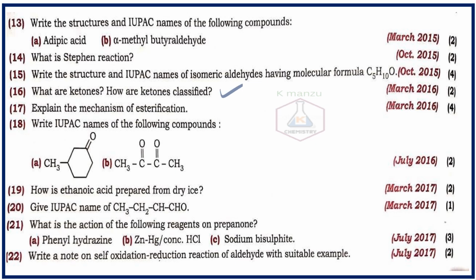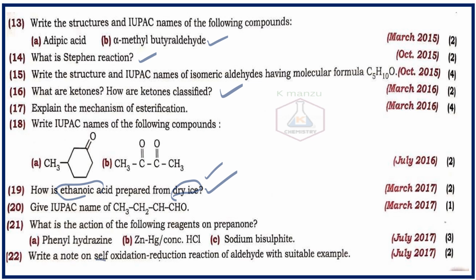See here: ketones, their types, IUPAC nomenclature, Stephen reaction for preparation of aldehydes. Students, this is a repeatedly asked question: how dry ice, nothing but solid carbon dioxide, can be used to prepare ethanoic acid. Very important question.